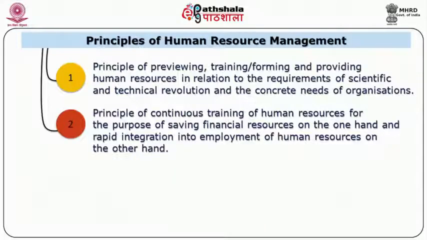The second principle is the principle of continuous training of human resources for the purpose of saving financial resources on the one hand and rapid integration into employment of human resources on the other hand.